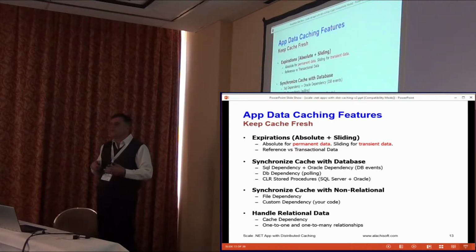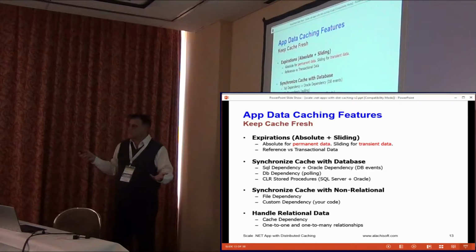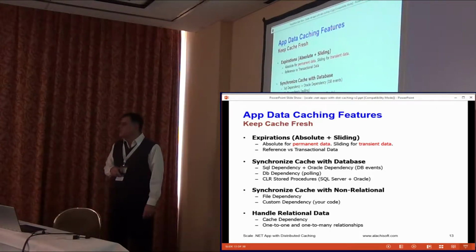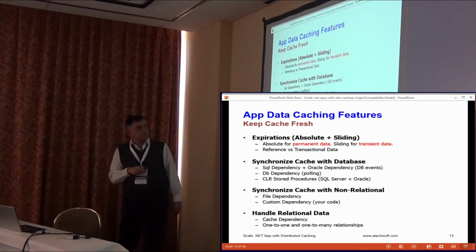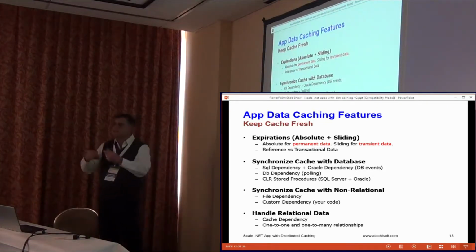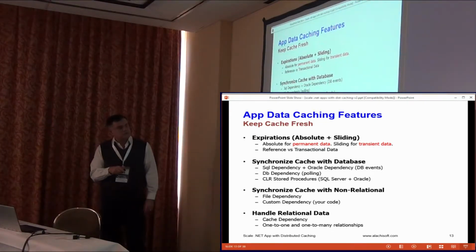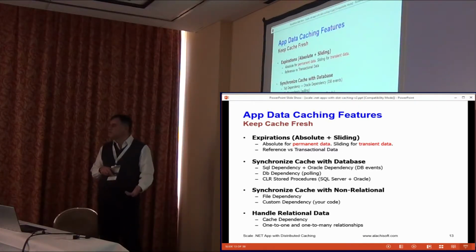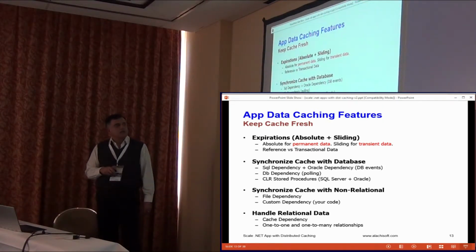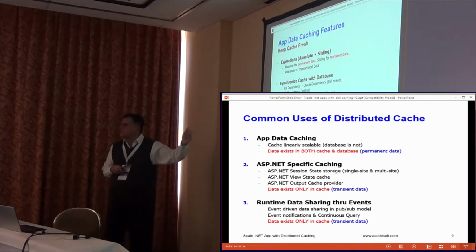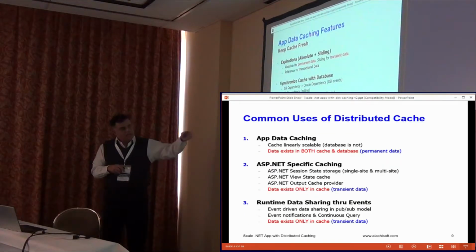The fourth one is a cache dependency feature. This is again something that came from the ASP.NET Cache Object, where you can have one-to-one, one-to-many. Relational data is all about relationships. Let's say you had a customer object and all of its orders, and in your application you had the ability to delete a customer. Most people don't, but I'm just saying hypothetically. If you delete a customer from the database, you'll of course also remove it from the cache.